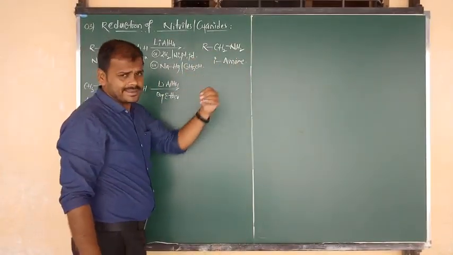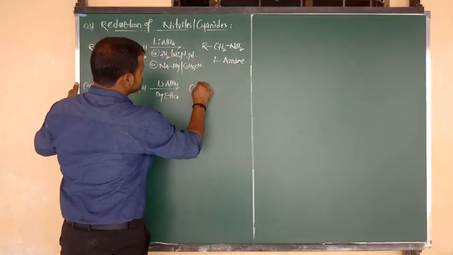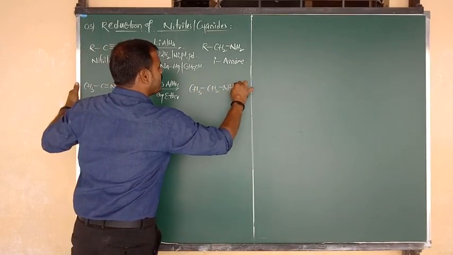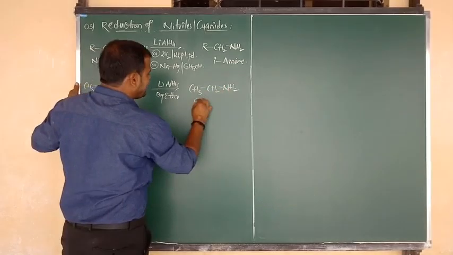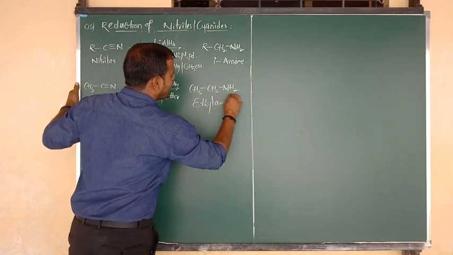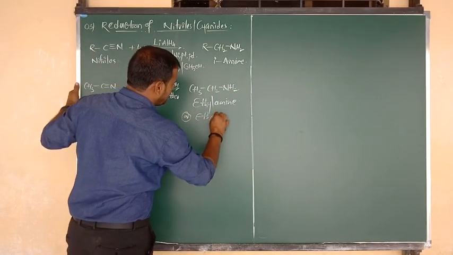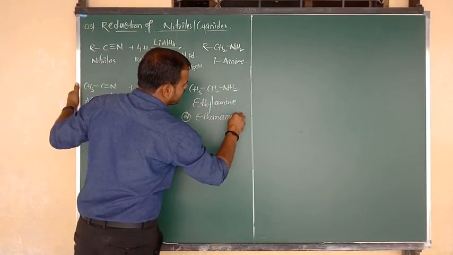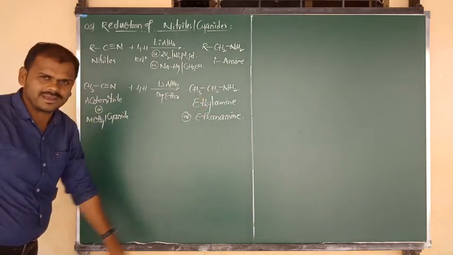Finally we get CH2NH2, but in the place of R, CH3 is there. So we can write CH3 bonded to CH2 bonded to NH2. 1 carbon means methylamine, 2 carbons means ethylamine. So the name of this compound is ethylamine. For the IUPAC name, 2 carbons is eth, single bond is ane, functional group is amine, so ethanamine is the IUPAC name and ethylamine is the common name.